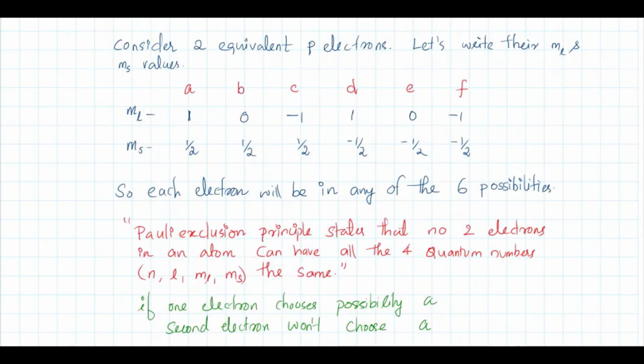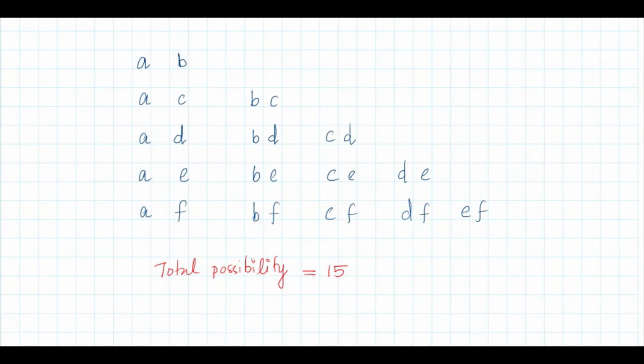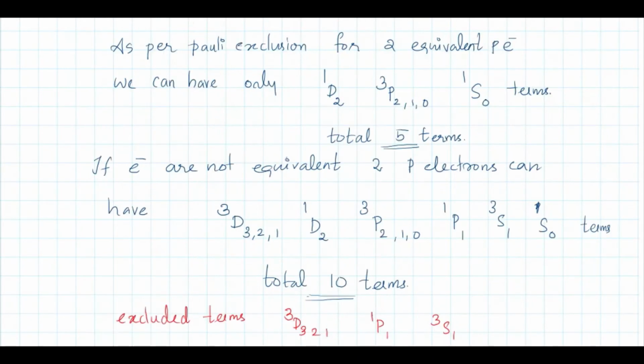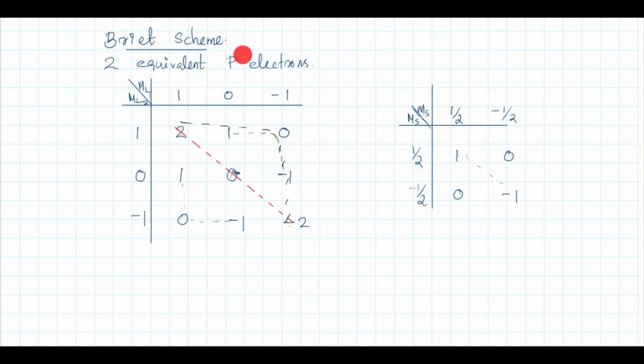When you have 2d electrons, the possibilities will be 10 and the combinations will be 45 and so on. So it will be very difficult. So I will give you an alternate method, known as the Breit scheme, to find the possible spectroscopic terms for two equivalent electrons.